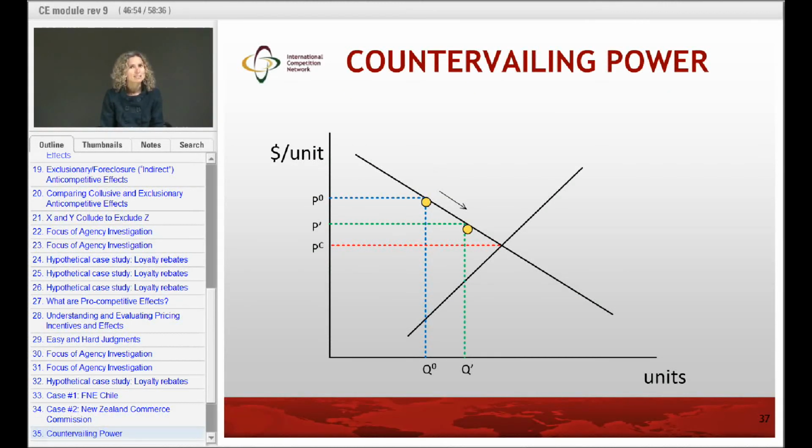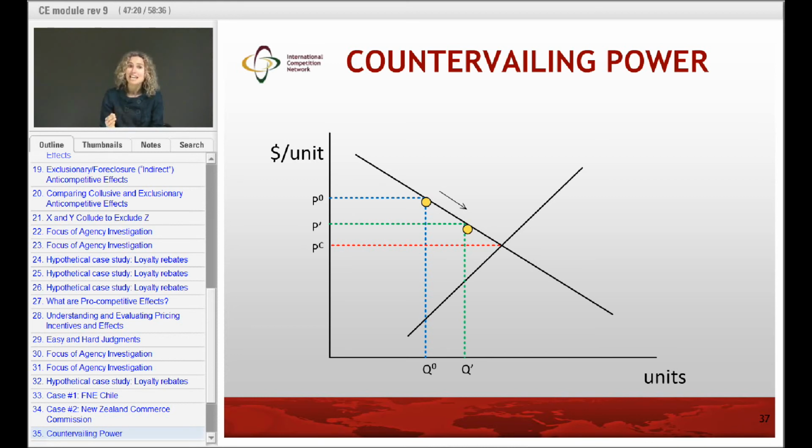So what is the difference between the two? Countervailing power is exactly what it sounds like. The buying group is able to countervail the upstream market power of the suppliers. In this case, the trucking companies, if indeed they do actually have market power, the rail companies, or as I said, the main focus being the ocean freight service companies.